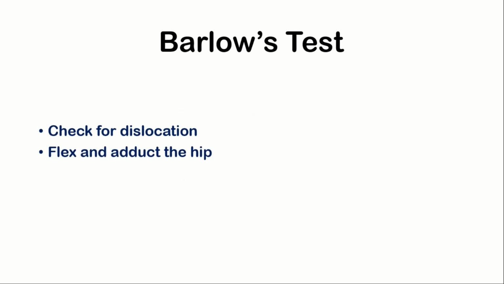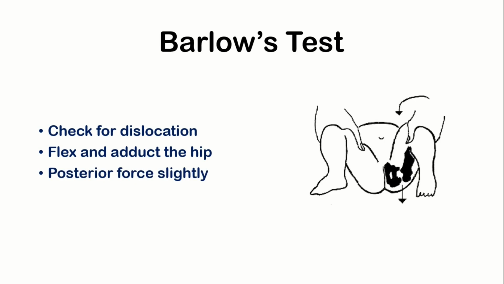Now, let's talk a bit more about Barlow's test. In this test, what we do is check for dislocation of the hip joint by flexing and adducting the hip, while applying a slight posterior force. If developmental dysplasia of the hip is present, the hip will be dislocated, and the test becomes positive.